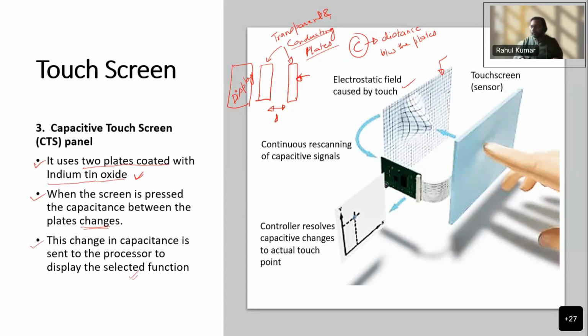So again, on your display you will have multiple capacitive touch screen areas. You can display different functions here, and whichever function you are pressing will be selected.